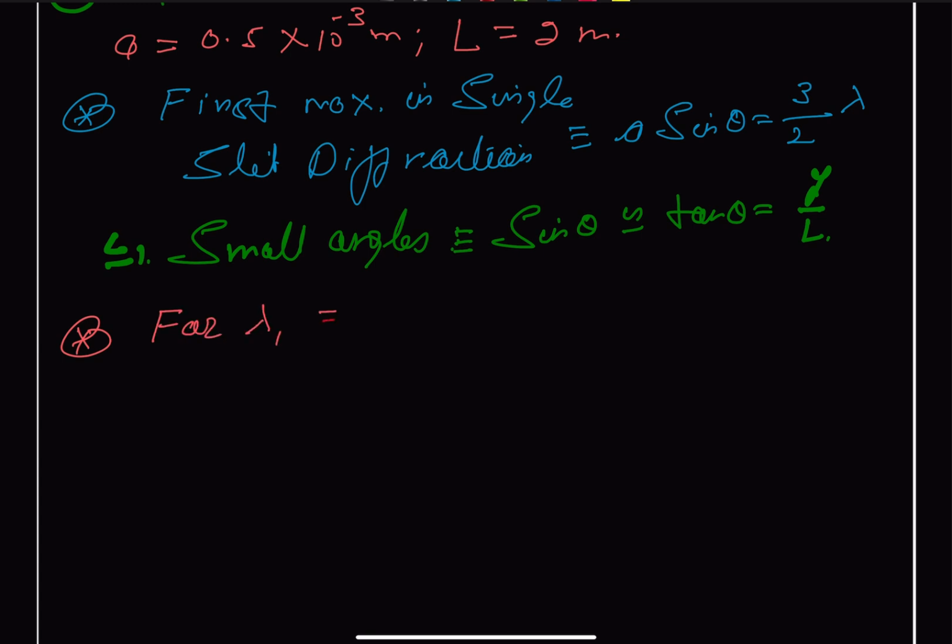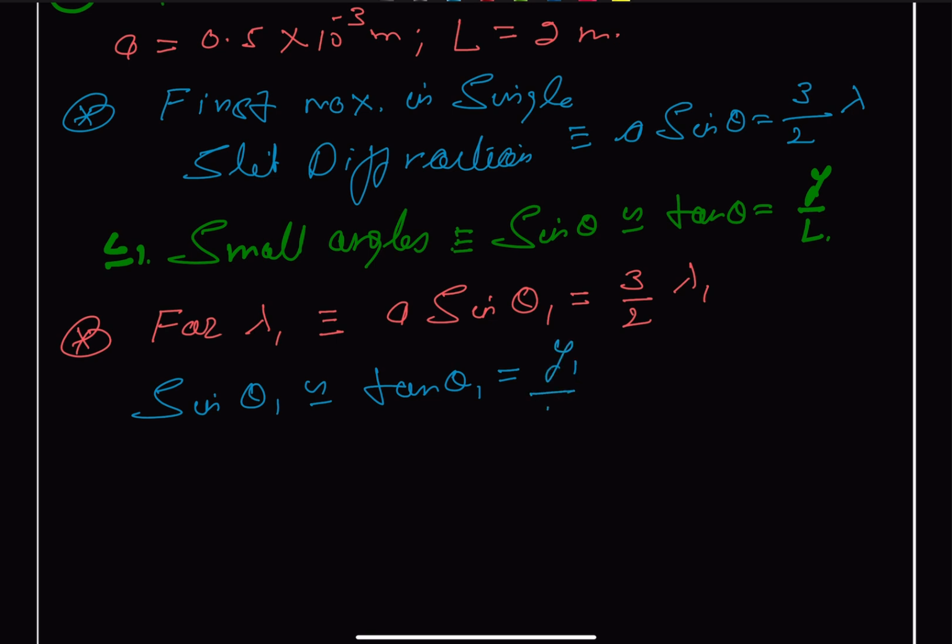For lambda 1 we can write a sine theta 1 is equal to 3/2 lambda 1, and for the small angle we can write sine theta 1 is approximately equal to tangent theta 1, which will be equal to y1 upon L. Therefore a times y1 upon L is equal to 3/2 times lambda 1, and from here we can write the formula for y1, which will be equal to 3 lambda 1 L upon 2 multiplied by a, and we know all the values for it.